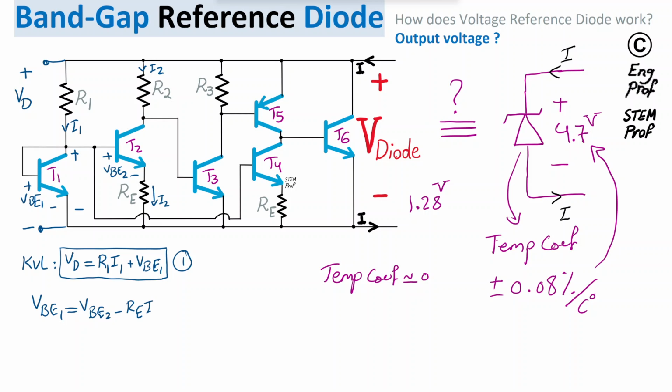So RE I2 plus. Now let's move VBE2 to the other side. So I'm going to have VBE1 minus V base emitter 2 equal to RE I2.